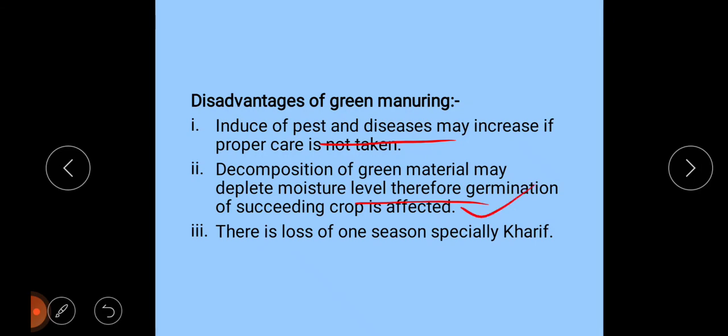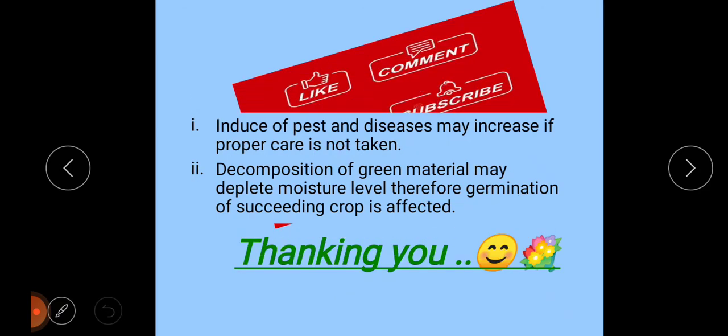The third one is the loss of one season, specifically the kharif season. The green manure crop takes at least 60 to 70 days of vegetative growth, and after it is buried, the decomposition period is about one and a half months. So one season will be lost.